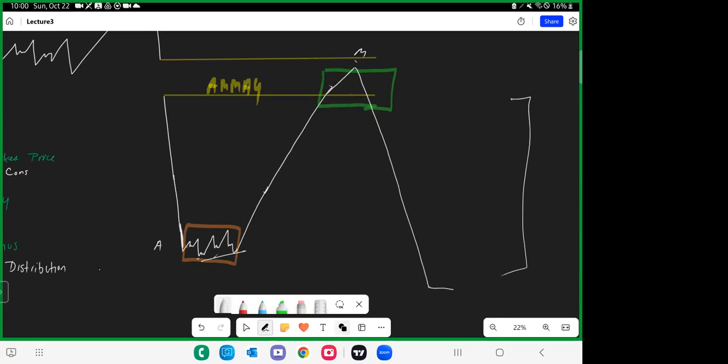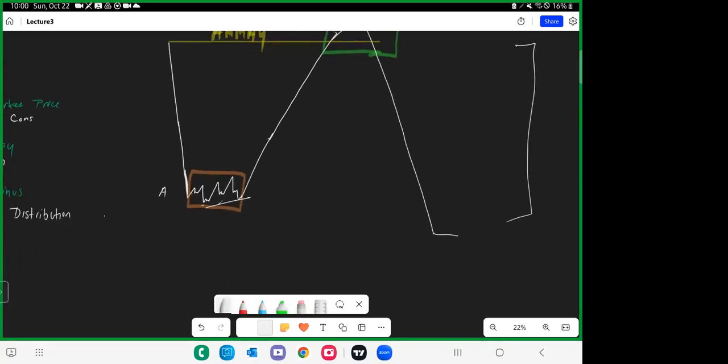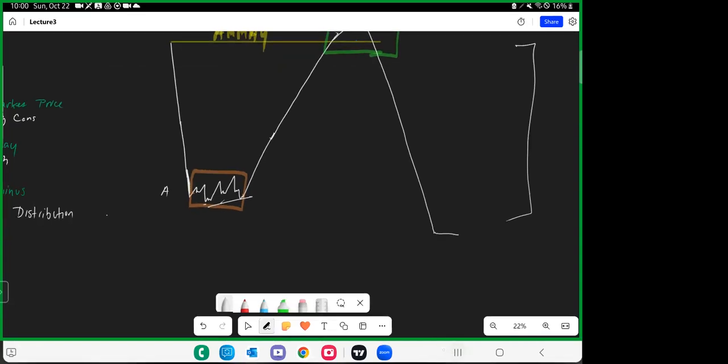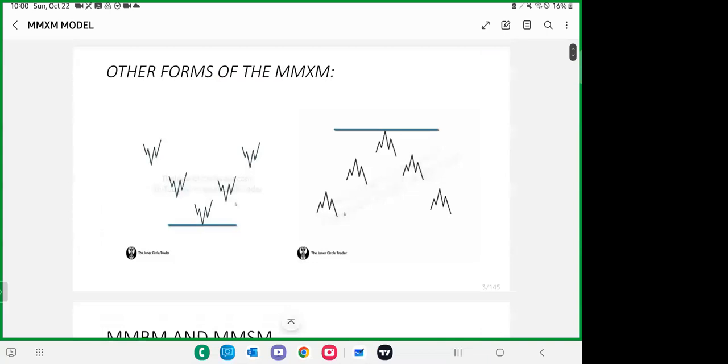All right, so now obviously price isn't just going to run from point A to point B to point C. It's not just going to do that in a linear fashion. Why? Because we learned that these guys have to hedge into the market.